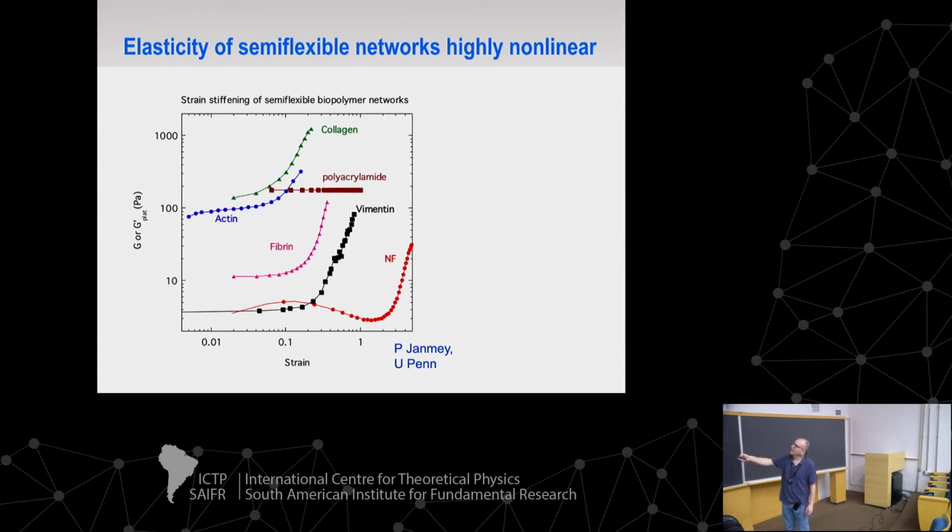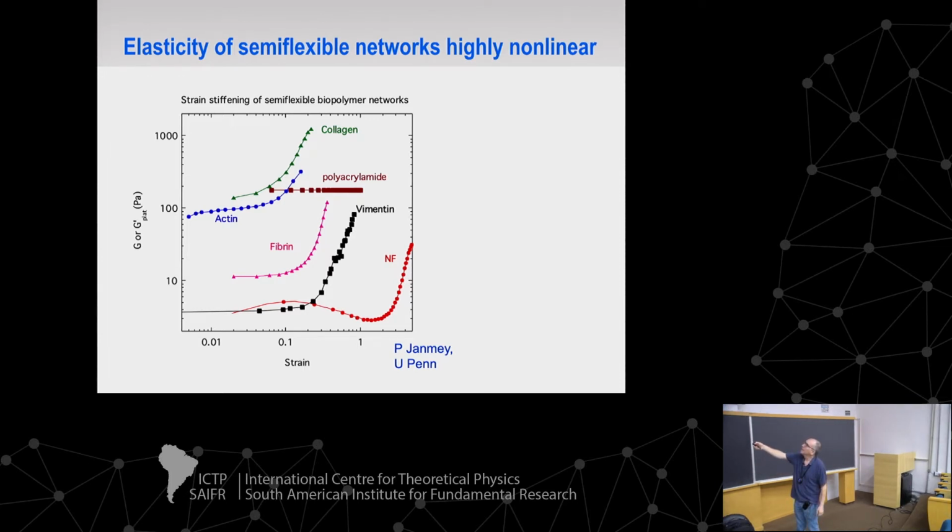It's linear elastic, so this is the shear modulus. Shear modulus is the ratio of stress to strain. It's soft, with shear moduli less than a kilopascal, much softer than rubber. But it's flat. It's basically independent of strain. Notice the log-log scales here.